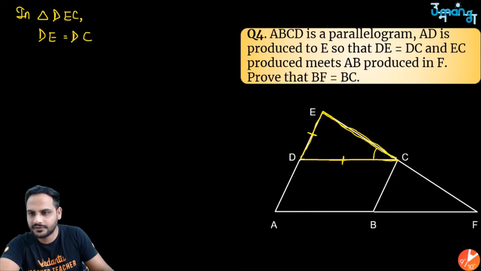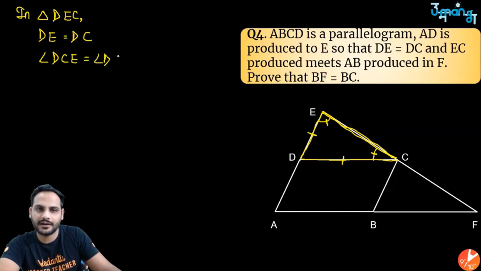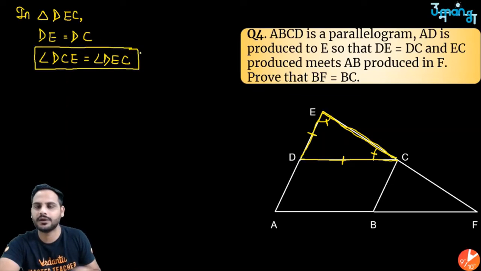So I can say angle DCE is equal to angle DEC. ठीक है, ये दोनों एंगल आर इक्वल.